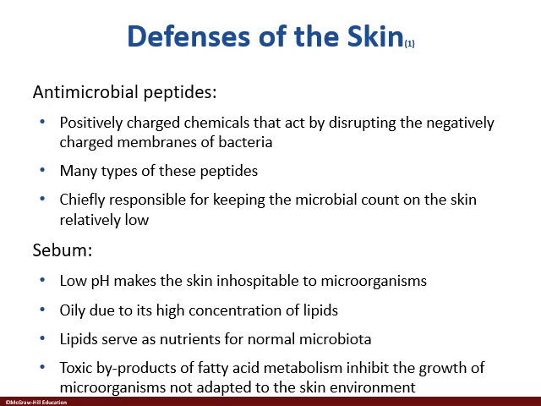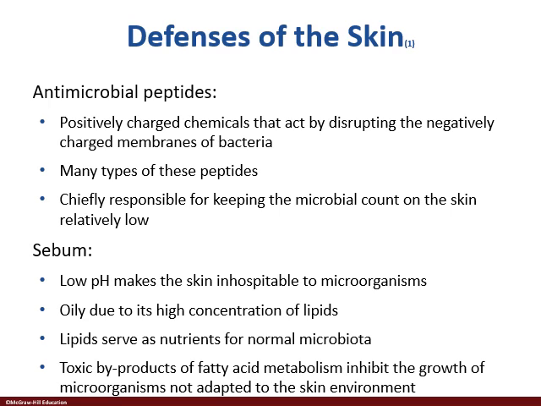These are our microflora that we want to keep growing on our skin, because if they're growing there, they will outcompete any transients we may come into contact with. Because remember, the transients have a better chance of being pathogenic than our normal microflora.